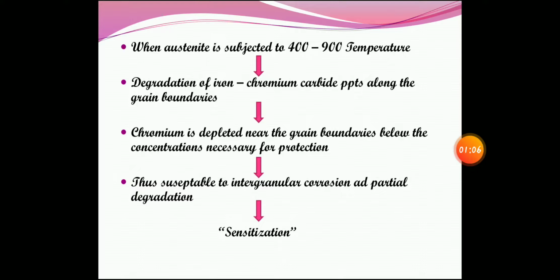When this iron chromium carbide gets precipitated, there won't be any chromium left over free to form the passivating layer. So chromium is depleted near the grain boundaries below the concentration that is necessary for protection. Thus it makes the metal more susceptible to intergranular corrosion and partial degradation. That is what is called sensitization.